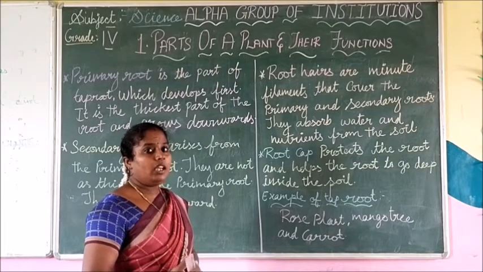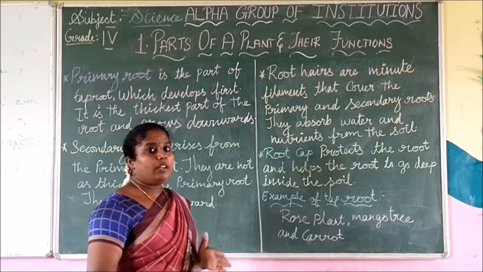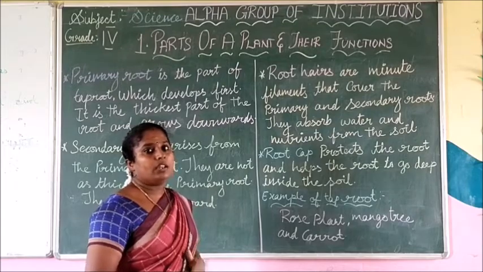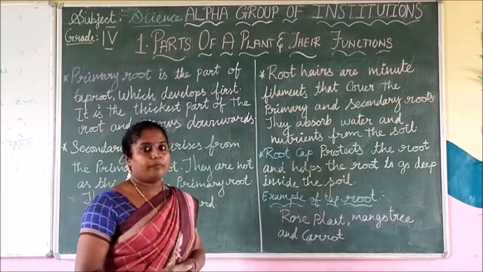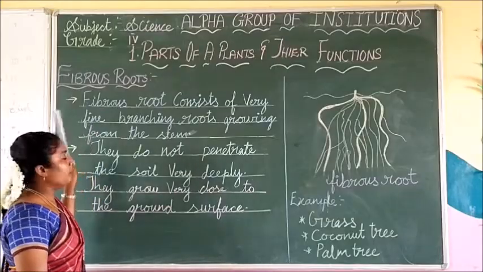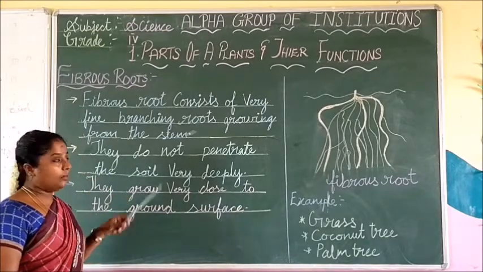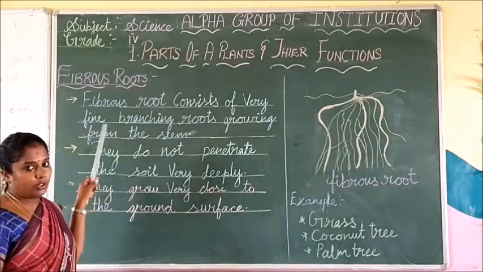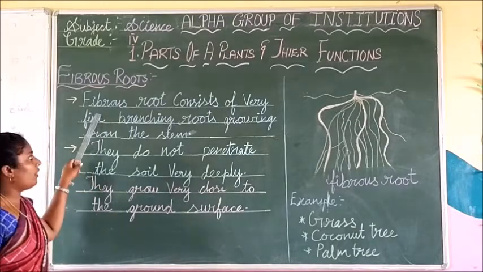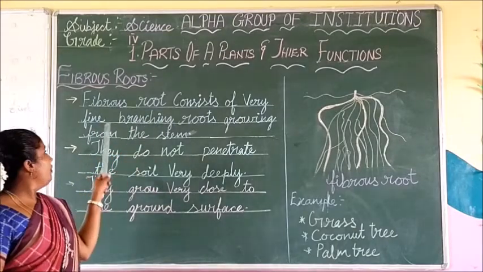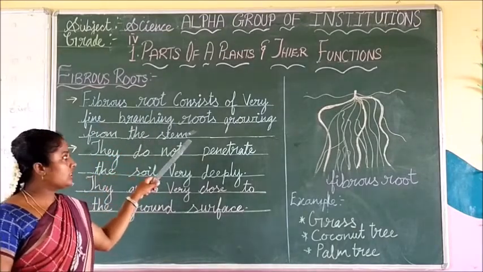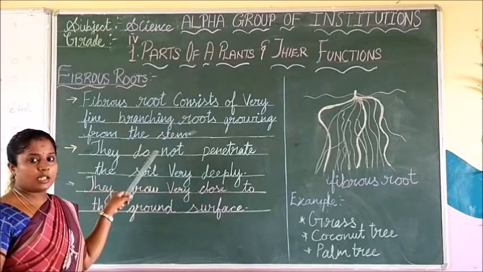Now we are going to see fibrous roots. Fibrous roots consist of very fine branching roots growing from the stem.